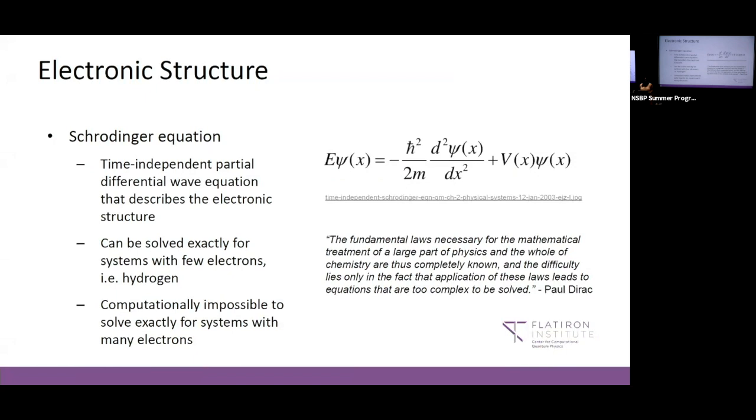And the difficulty lies only in the fact that application of these laws leads to equations that are too complex to solve. Essentially, what he is saying is that while this equation, the Schrodinger equation, is great for solving for systems with very few electrons, it becomes computationally impossible to solve for systems with many electrons.